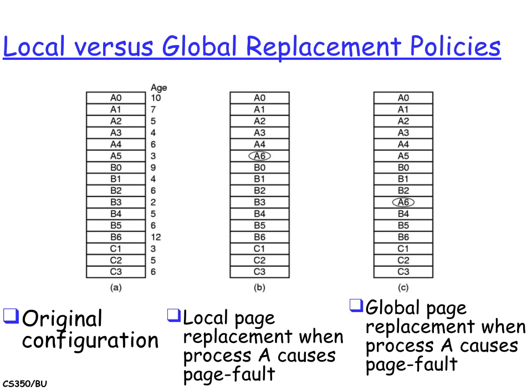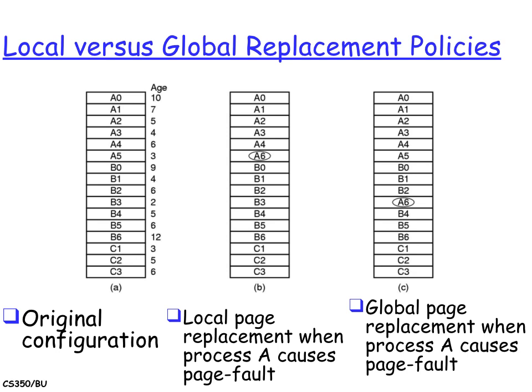You won't select a page from process B or process C. So in this example, A5 is selected as victim and A6 is brought in because A5 was the most eligible victim page among all the pages for process A.